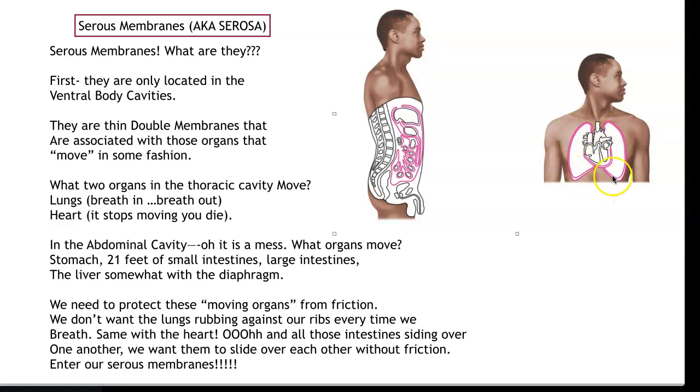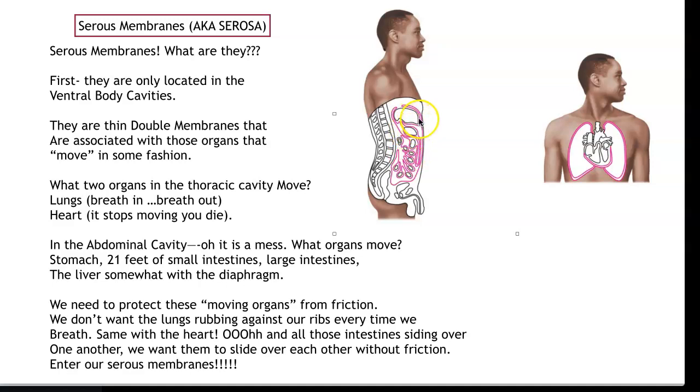So this is a pretty tight space in here. So we need to surround these organs with membranes that are going to help prevent friction. We want to create a frictionless environment in this thoracic cavity. In the abdominal cavity, there are organs in here that are moving too.